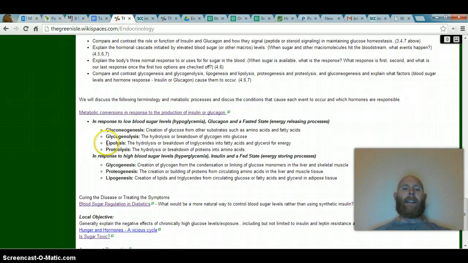So again, lipolysis, lipid splitting, glycogenolysis, I know I'm putting a weird emphasis in there, but it's just the splitting of glycogen. And proteolysis is the splitting of proteins into amino acids. And all these processes can occur to either provide what's called ketone bodies, just fragments of fatty acids for energy, or they can use them to create new glucose through the process of gluconeogenesis, creation of new sugar.